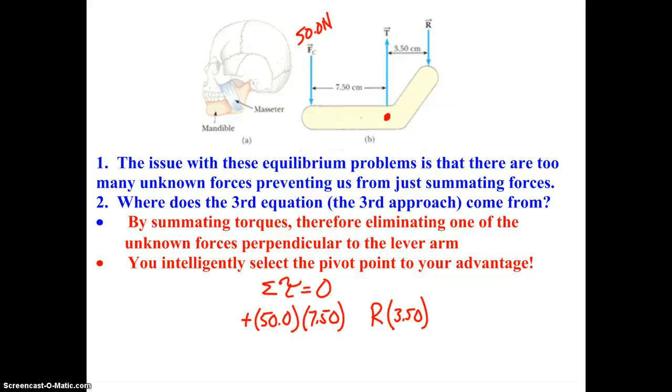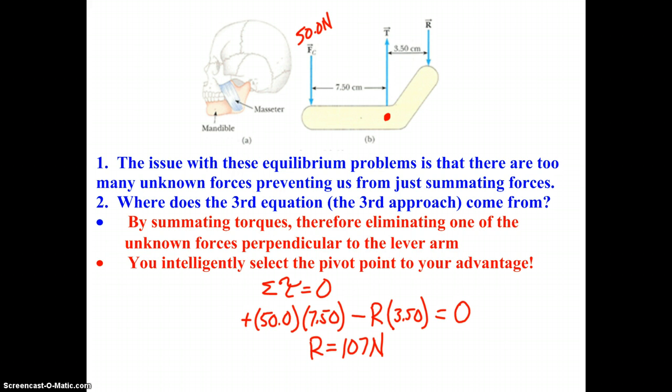R, by itself, would cause the jawbone on the right side to go down and rotate about our selected pivot point in a clockwise direction, therefore is negative. Solve this equation for R, and we get 107 newtons.